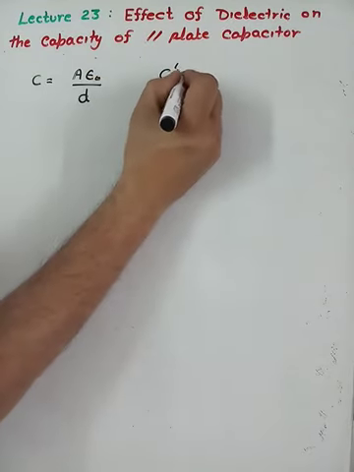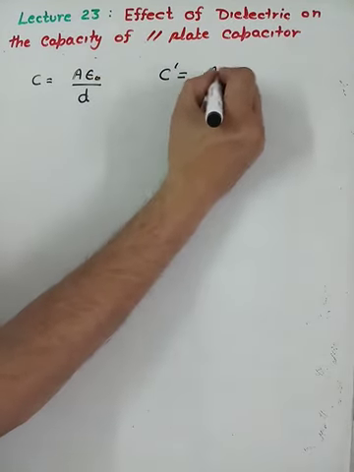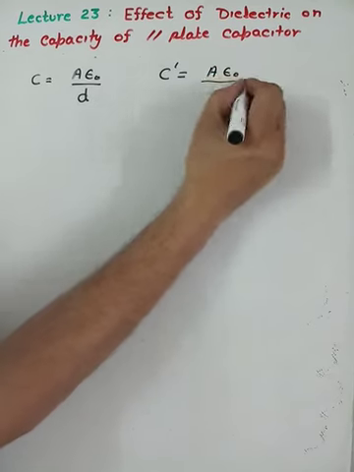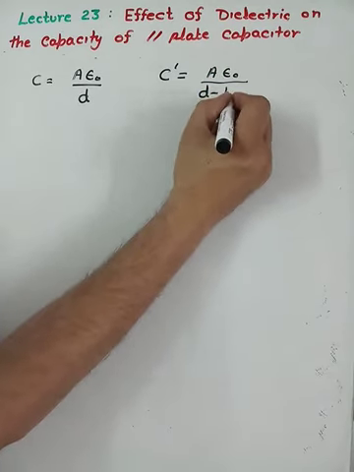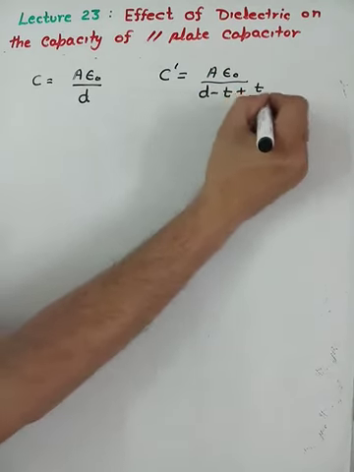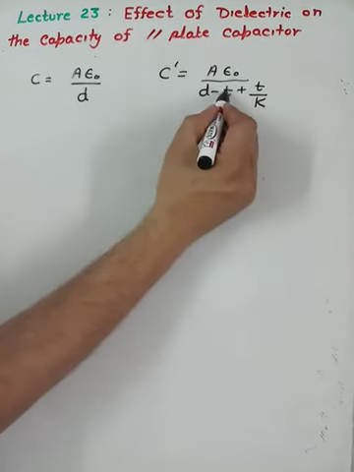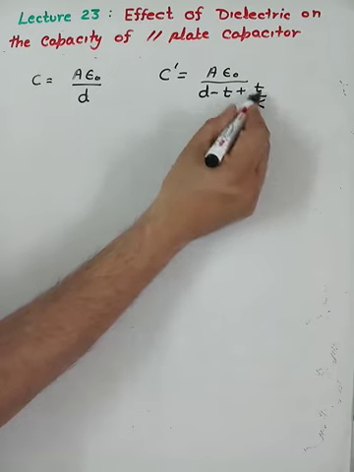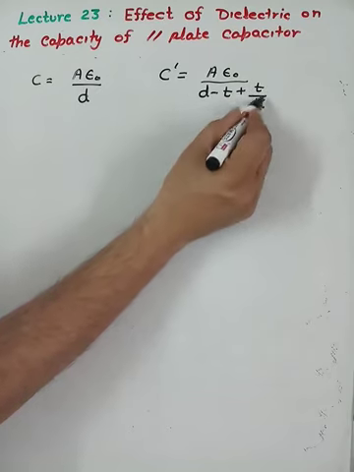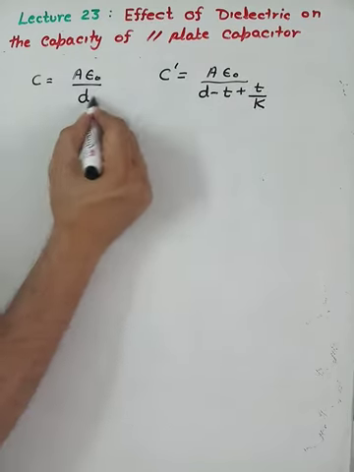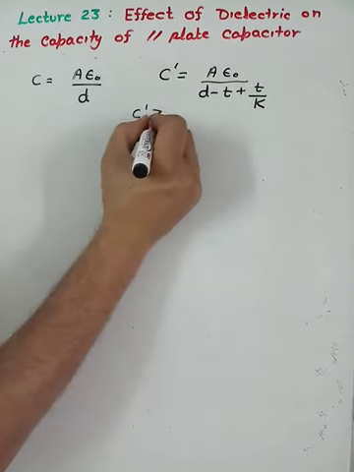Capacity in medium is A epsilon naught upon (d minus t plus t by k). Since t by k is less than t, the denominator will always be less than d, therefore C dash is greater than C.